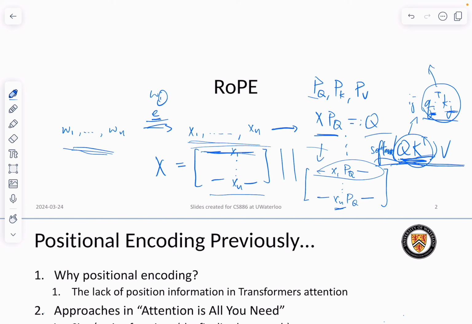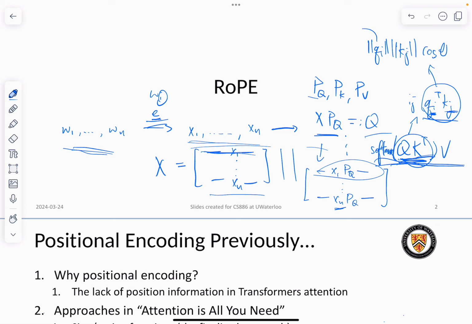Maybe this is not the right symbol, but basically it has a term equal to q_i k_j multiplied by the cosine of the angle between them.